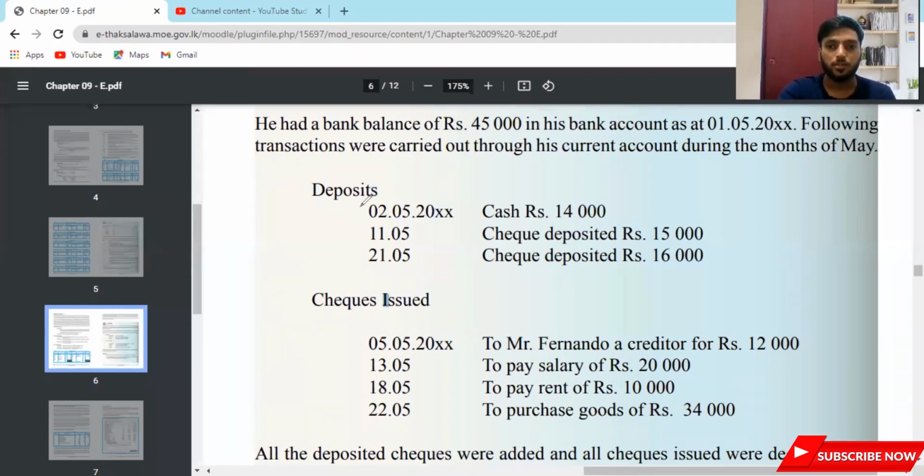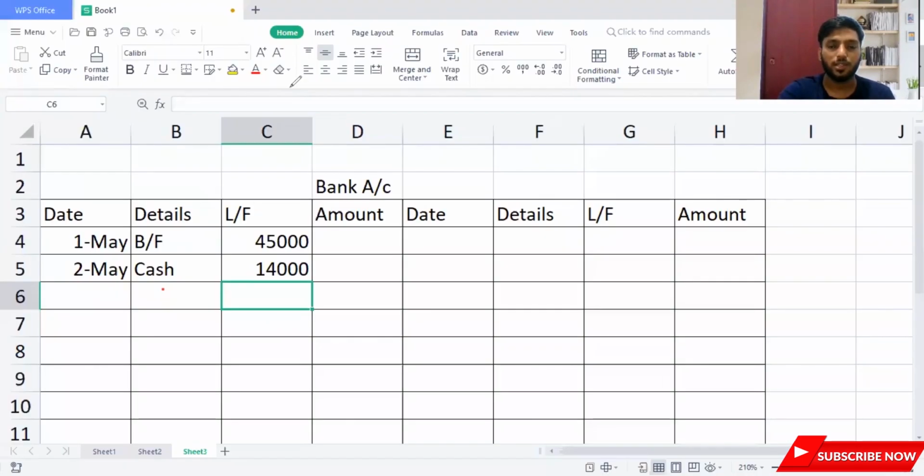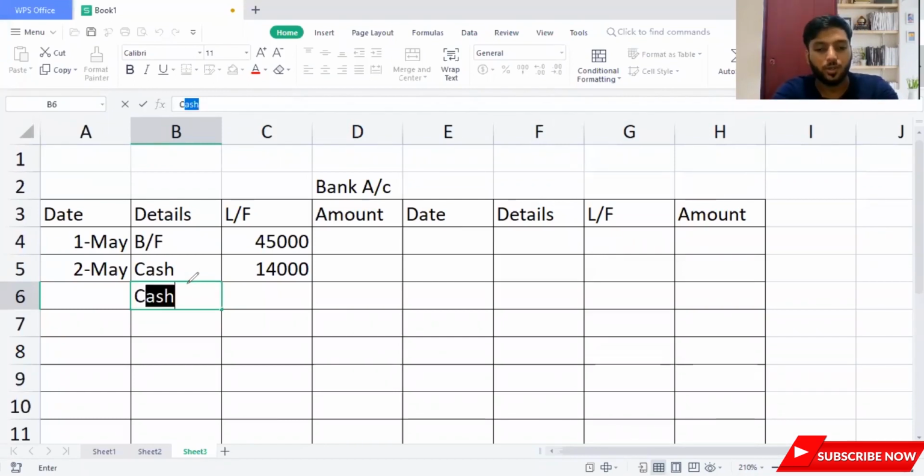It says 11/5, check deposited 15,000. So you've got to check. They didn't say what type of check. Did they say anything related to that? No. So I can just consider it as cash, because you will take the check from your cash locker, and bring it to the bank and deposit it. That's my assumption.